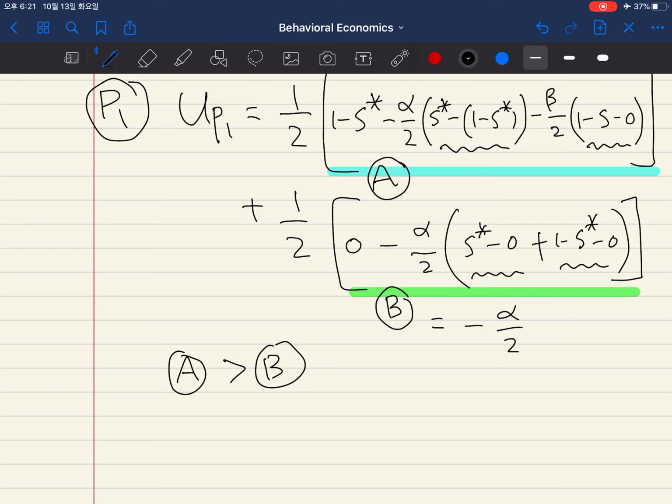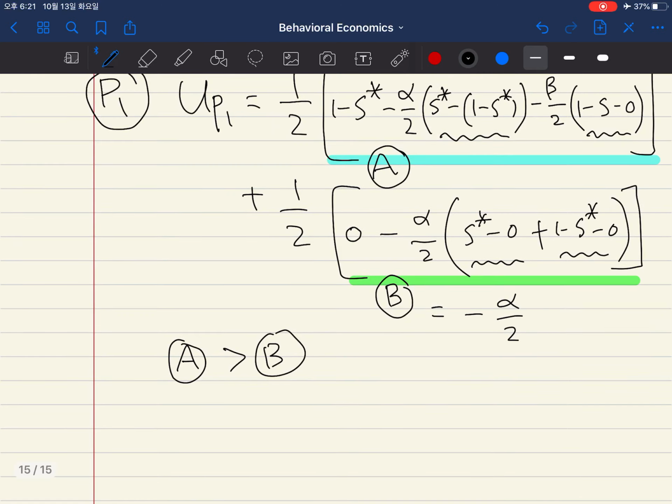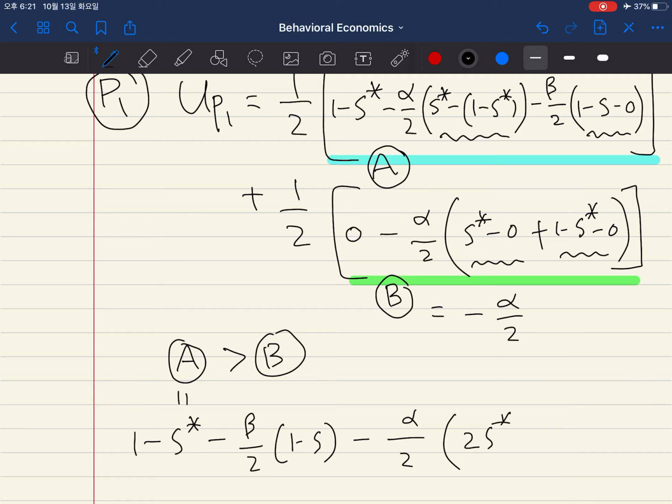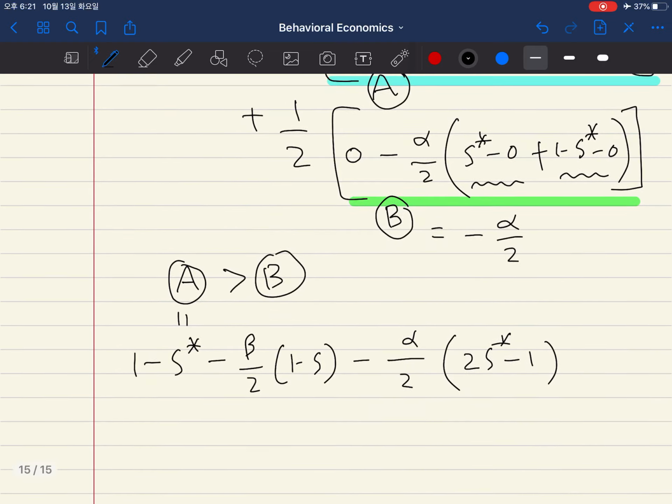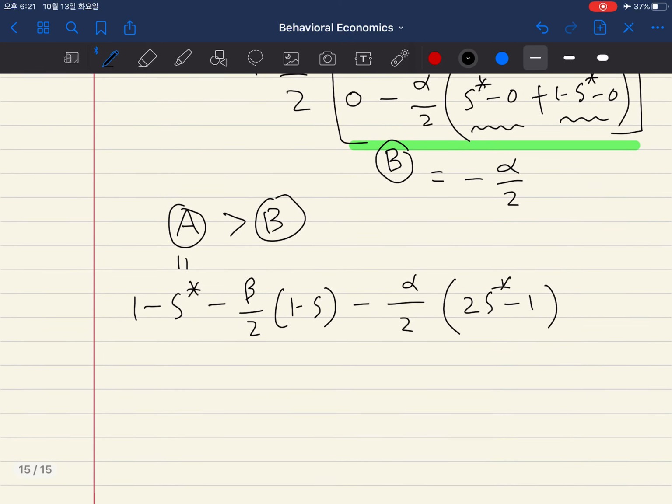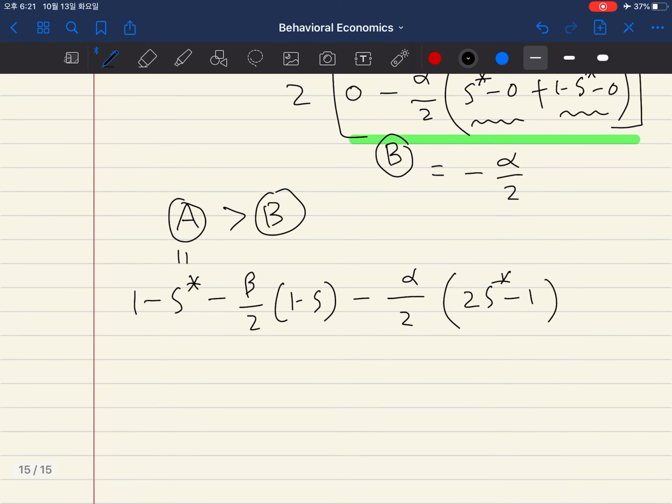So why is this true? So A part. By rearranging A part, we have, so we're gonna use a similar argument as before. So this is A part.